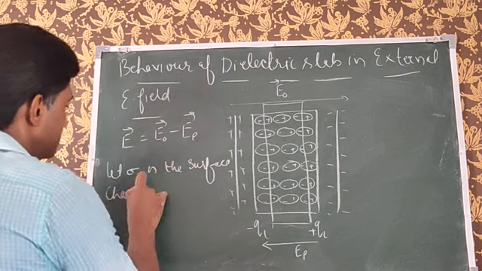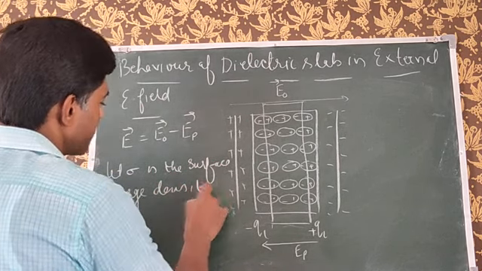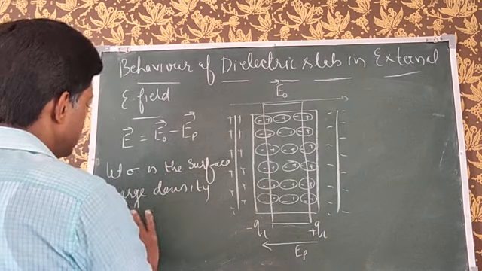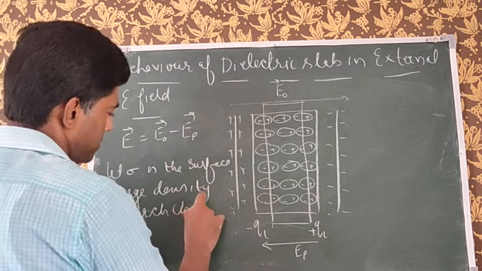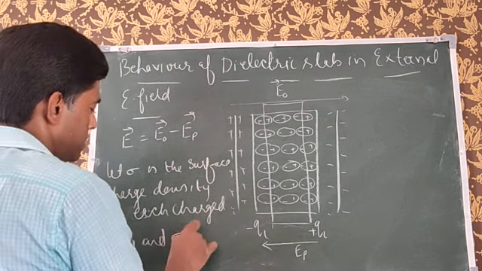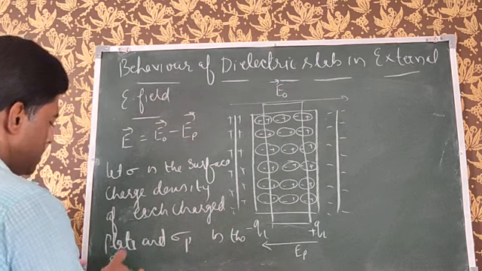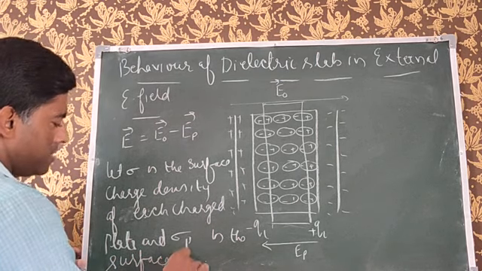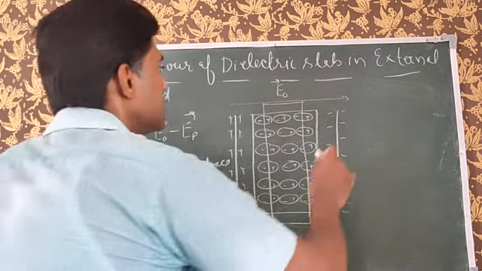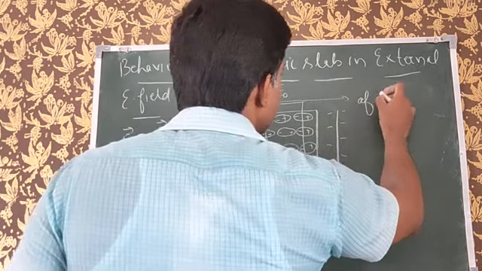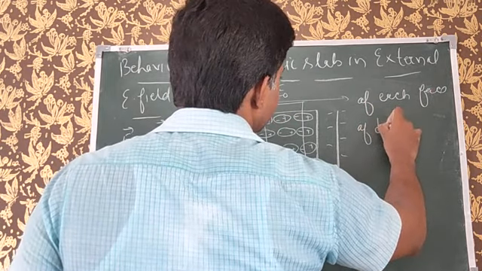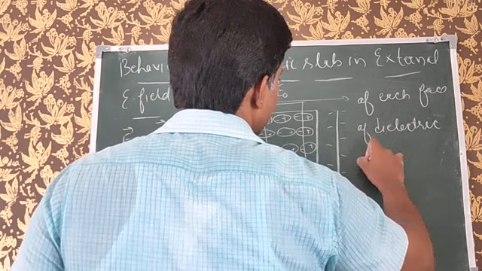Let sigma be the surface charge density of each charged plate, and sigma P be the surface charge density of each face of the dielectric slab.